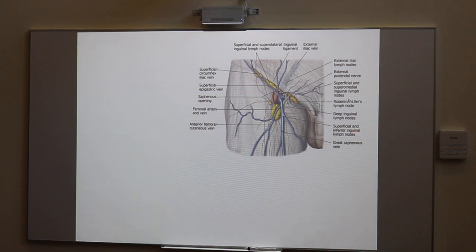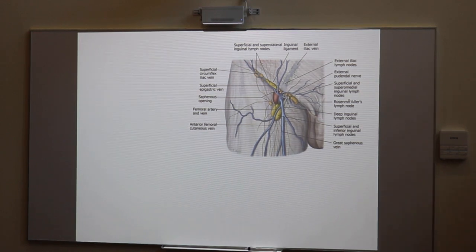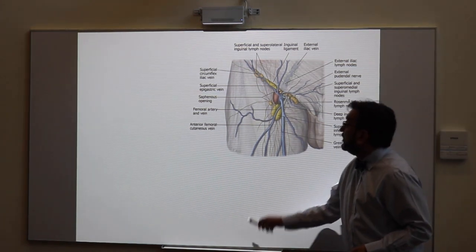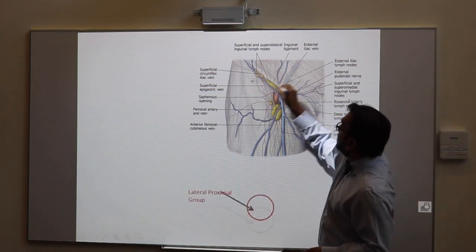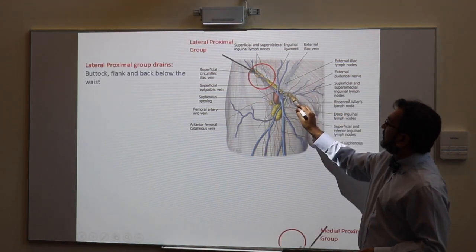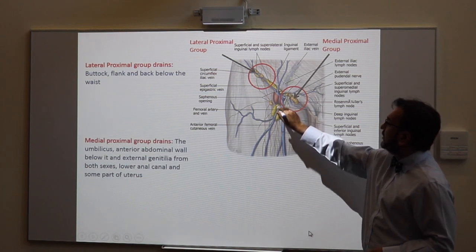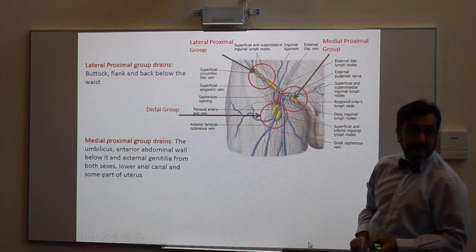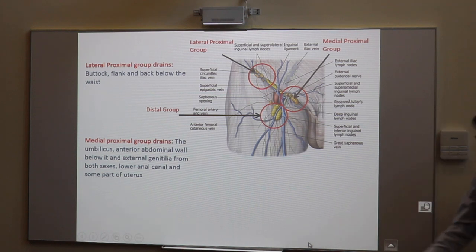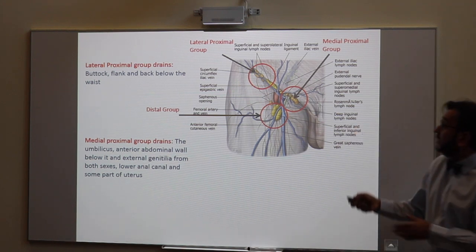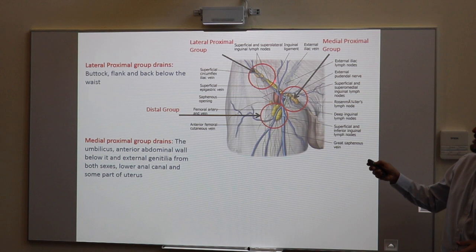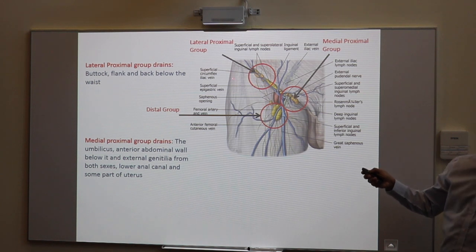It is basically present in the form of a T. If you see here, there is a group of lymph nodes here, there is a group of lymph nodes here, and there is a group of lymph nodes here. Can you see that? There are 3 groups of lymph nodes. One is here. These are called the lateral proximal group of superficial inguinal lymph nodes.